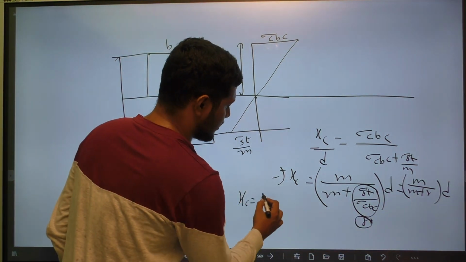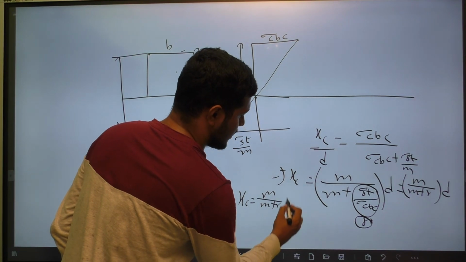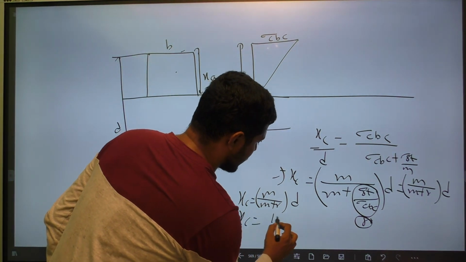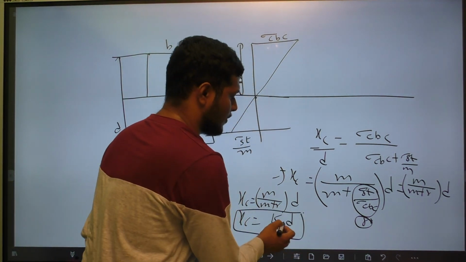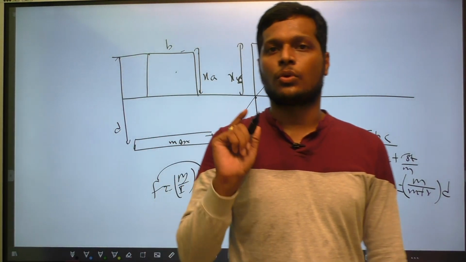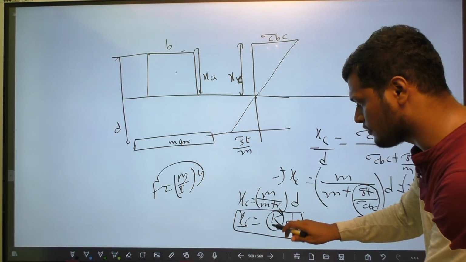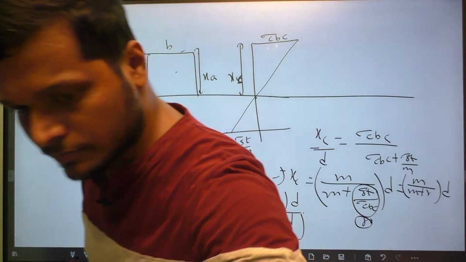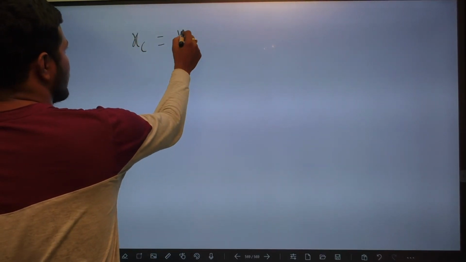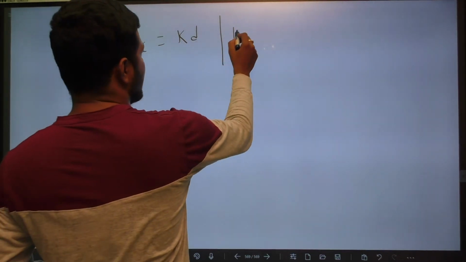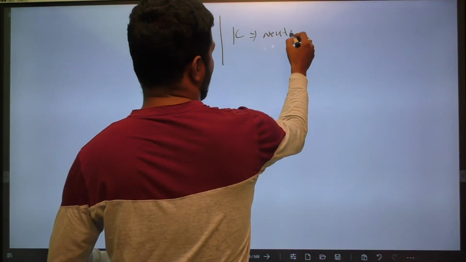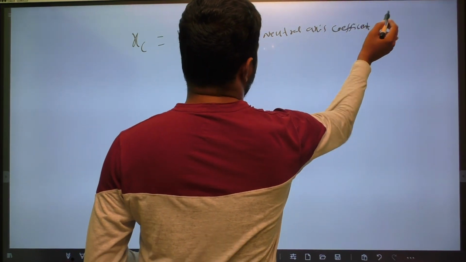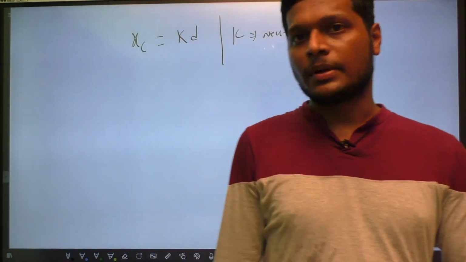So XC is equal to M divided by M plus R, into D, or we can write XC is equal to K into D, where K is called the neutral axis coefficient, because XC is in the form of something into D. So X critical is equal to K into D, where K is called the neutral axis coefficient. Okay. So now we got XC as K into D.